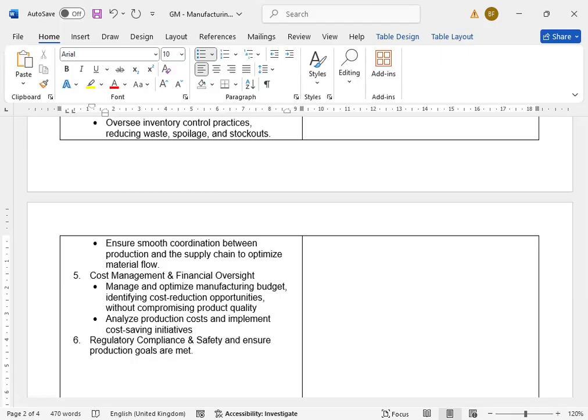Okay. Cost saving initiatives across, is that correct spelling, across the manufacturing process. All right.